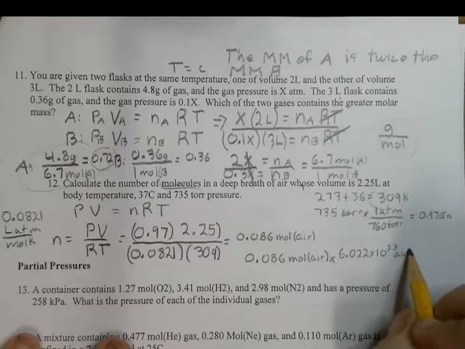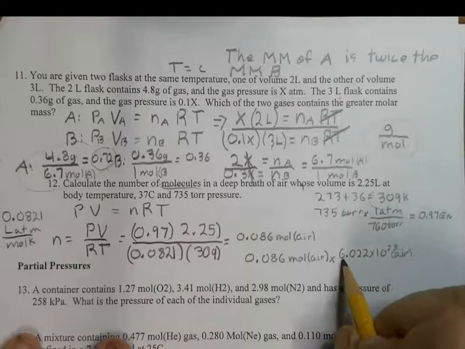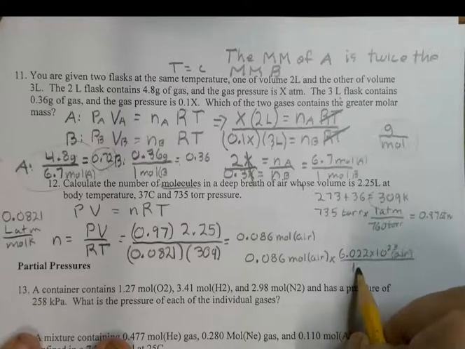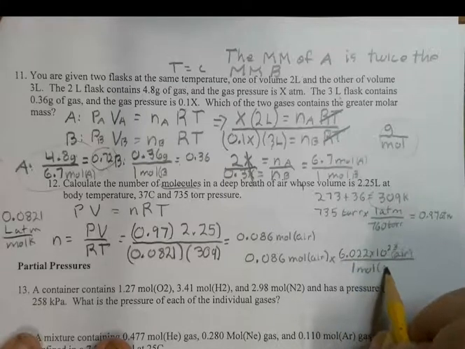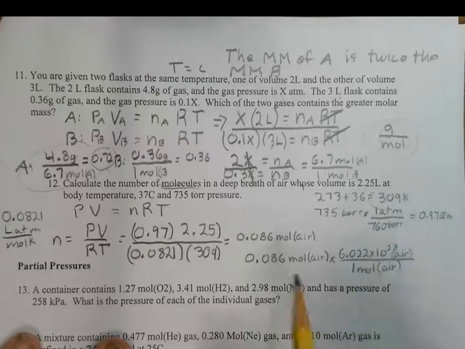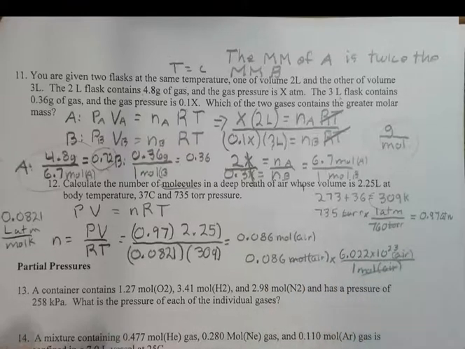Molecule's too long a word to write, so I'm just going to write air over 1 mole of air. So we simply multiply our number of moles. Moles of air cancels, and we end up with molecules of air.